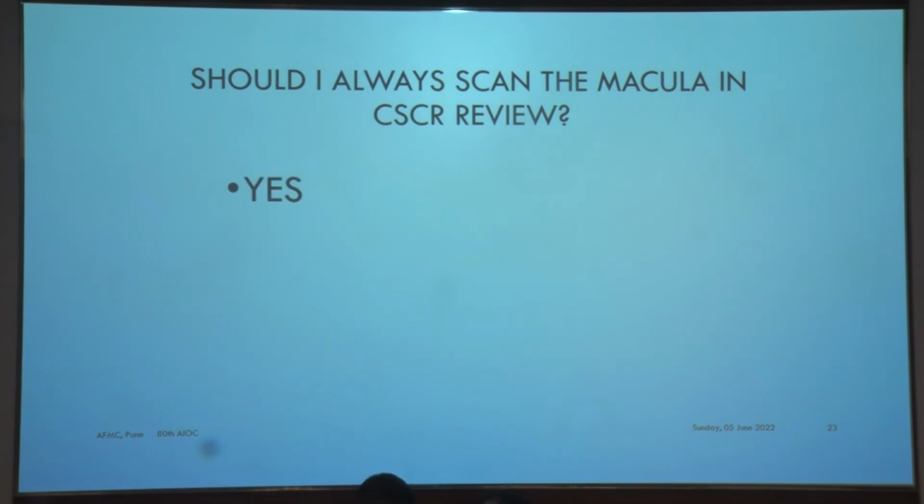So just because somebody is diagnosed as CSCR, should we not do OCT at every follow-up? That is, when we call them for monthly or 3-monthly reviews. The answer is no. We should actually do the OCT every time a patient is visiting us, because some surprise may be lying.